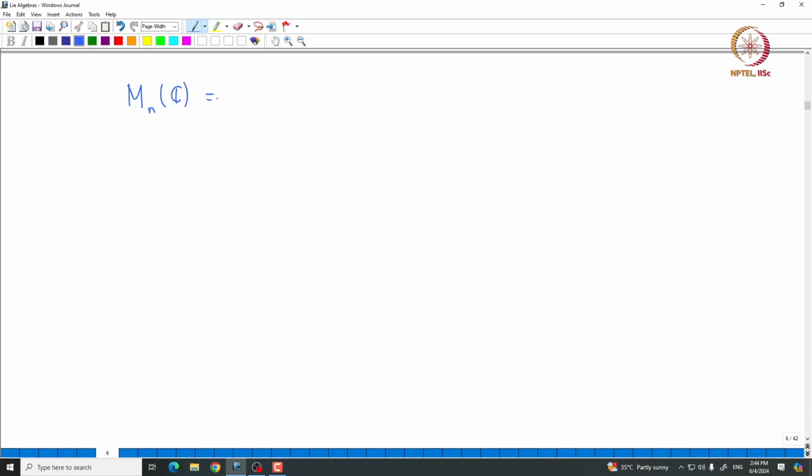By Mn of C, what we mean is the set of all n by n matrices over C. Now we can take this as a vector space, and one knows that this is indeed a C associative algebra, because Mn of C has addition of matrices, multiplication of matrices, and scalar multiplication of matrices.